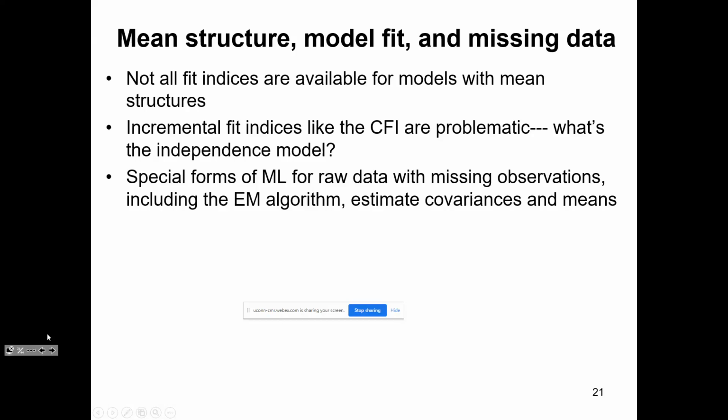But if the means are freely estimated the way the variances are freely estimated, then, taking a growth curve model as an example, the growth curve model would have worse fit than the baseline model. So what is the right baseline model? What's the right independence model for mean structures? That's, again, an interesting question. All right.